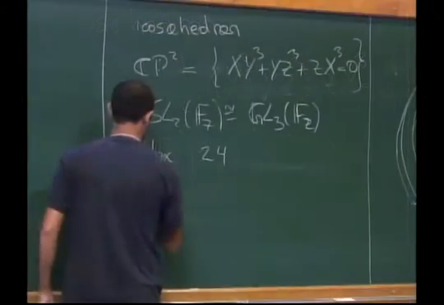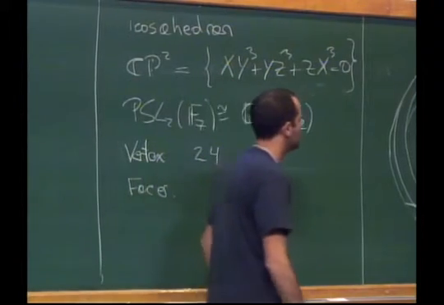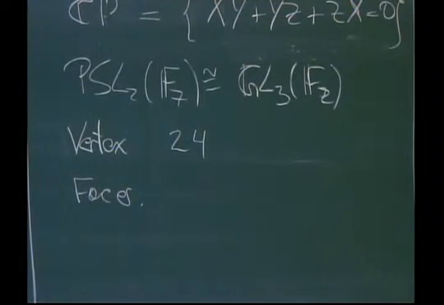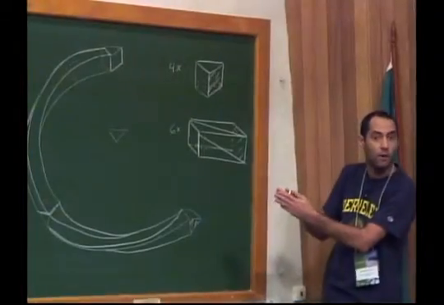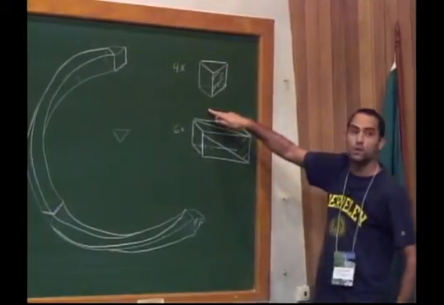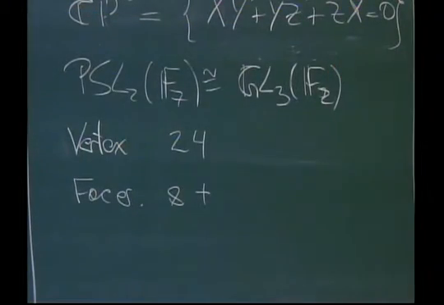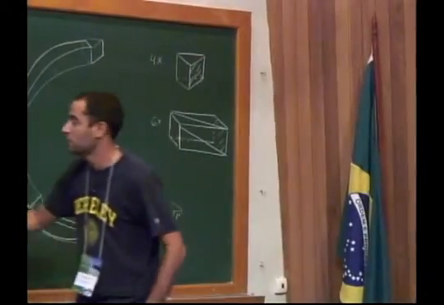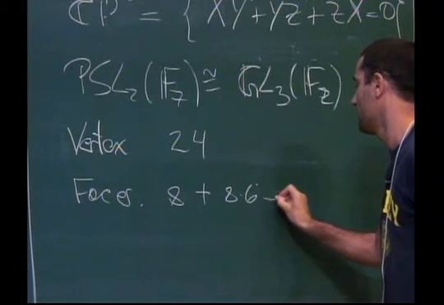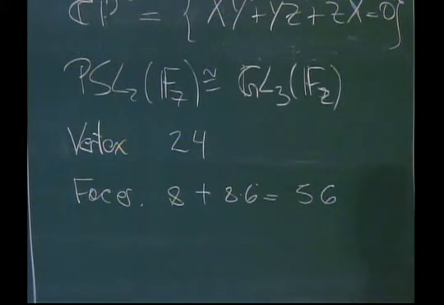There are no more square faces. For every square face, I already glued something to it, so I am only left with triangles. And I have 2 times 4, which is 8, plus 4 times 2 is 8 times 6. So it's 8 times 6, which is 56.